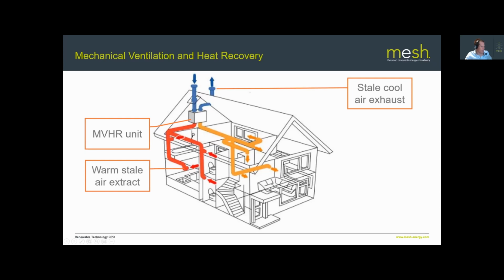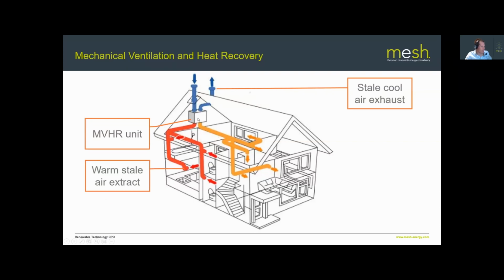What that does is it extracts warm, stale air from the wet rooms around the house. So that will be the kitchen down here. If you've got a utility room, you'd extract from the utility room as well, and WCs and bathrooms. It takes that warm, stale air through the box, and that passes through a heat exchanger.